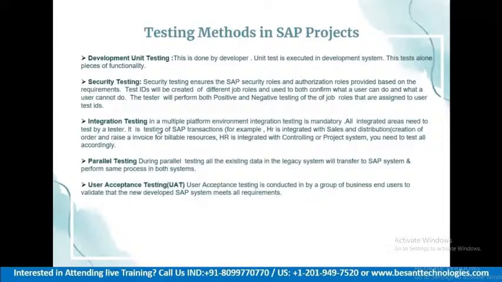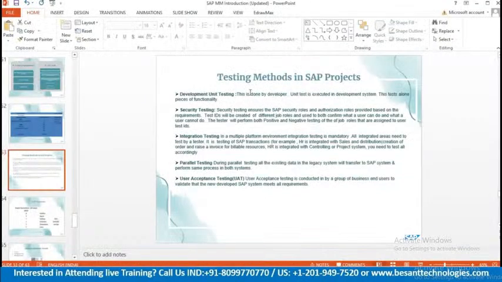Mostly we'll be participating in integration testing and UAT, user acceptance testing. There is something called regression testing. Based on the industry you work in, or based on the business scenario, sometimes we have to do regression testing also. Regression testing involves creating repeated data to test. Technical and other functional module consultants will test the data we create.